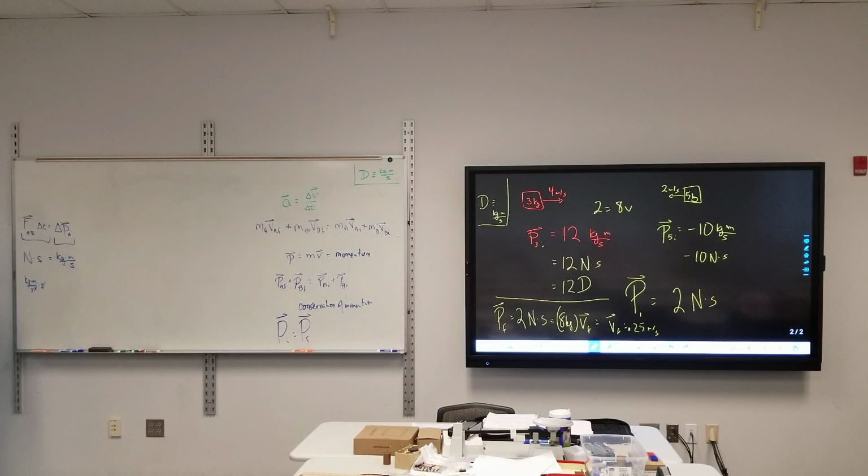So there's a whole range of possibilities if it's an inelastic collision, and the most extreme is they stick together. That's when you get maximum kinetic energy loss. And so that's what's called perfectly inelastic.